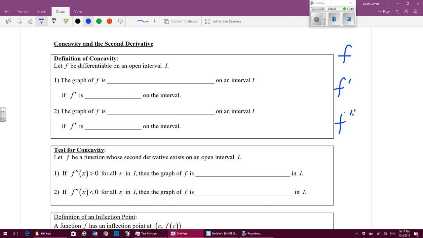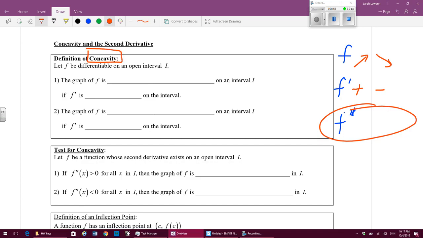All I know about these functions is that when f prime is positive or negative, that tells me f is increasing or f is decreasing. So we need to figure out, what does f double prime tell us? And f double prime tells us about something called concavity.